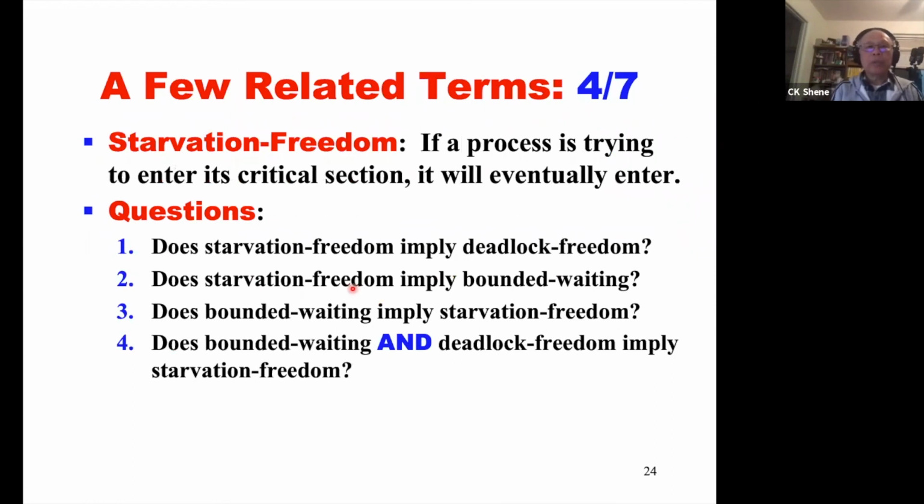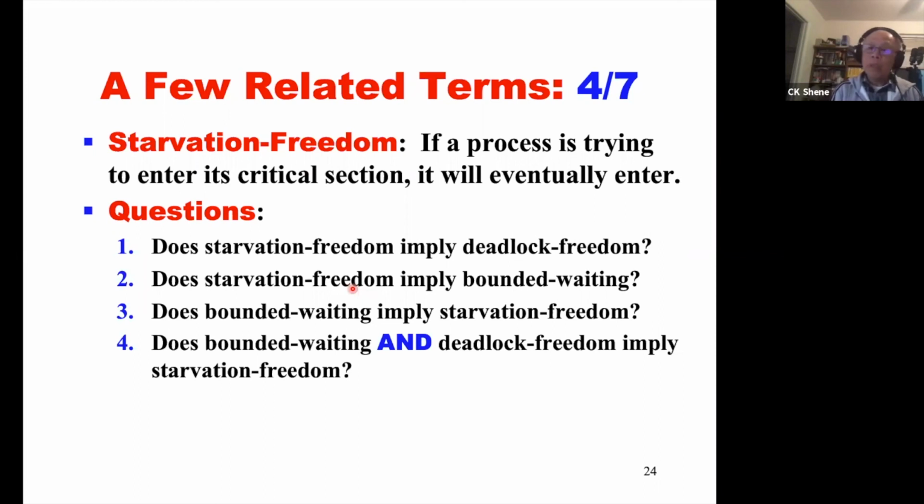Okay, let's move to starvation free, or starvation freedom. It says that if a process is trying to enter its critical section, it will eventually enter. It means I don't have a bound. If I want to enter, no matter how many times I participate in the candidate selection in the progress condition, I eventually enter.